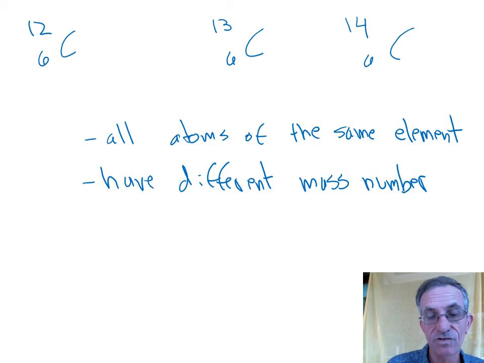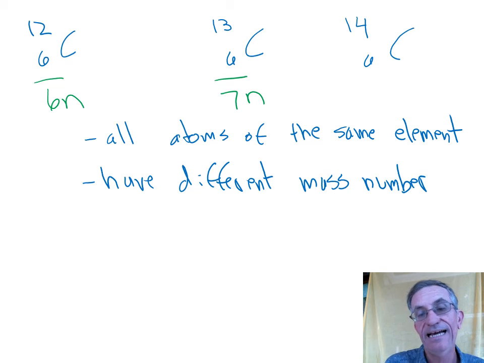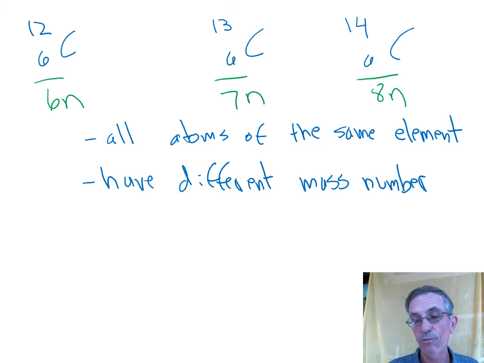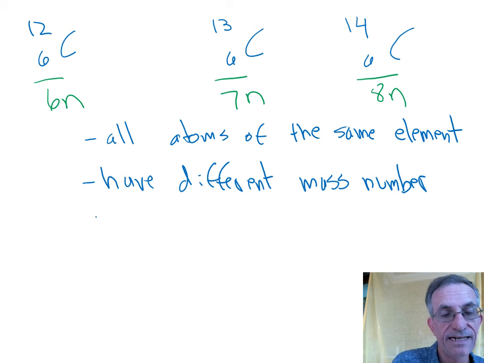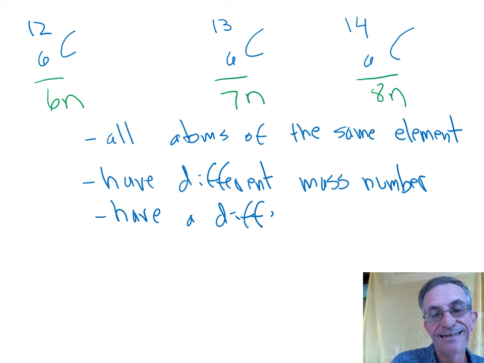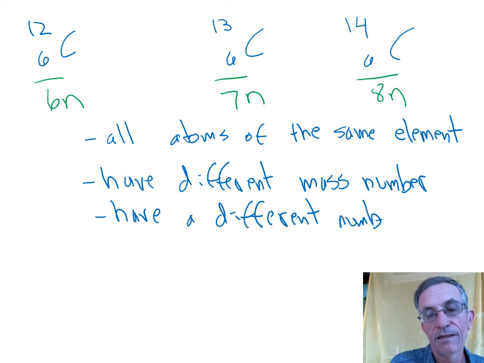The way I get the number of neutrons is you subtract. So 12 minus 6, this fella has 6 neutrons. 13 minus 6, this fella has 7 neutrons. And the fella on the end has 8 neutrons. So if you subtract, you'll see that what makes them different is that they have a different number of neutrons compared to each other.